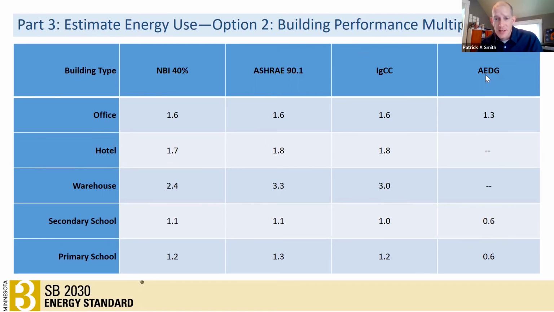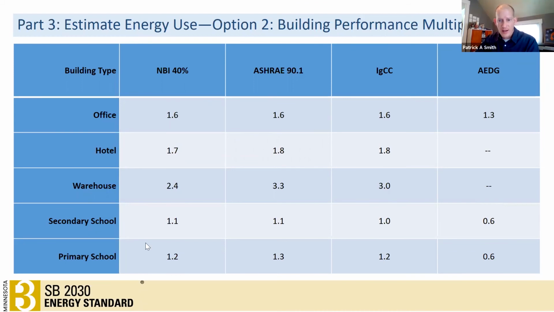I will note that the Advanced Energy Design Guides, the AEDGs, are the net zero energy series, not the previous 30% better or 50% better. These are just for that most aggressive tier. And I believe more of them are going to be made available, but right now that's just for K through 12 schools and for small to medium offices.